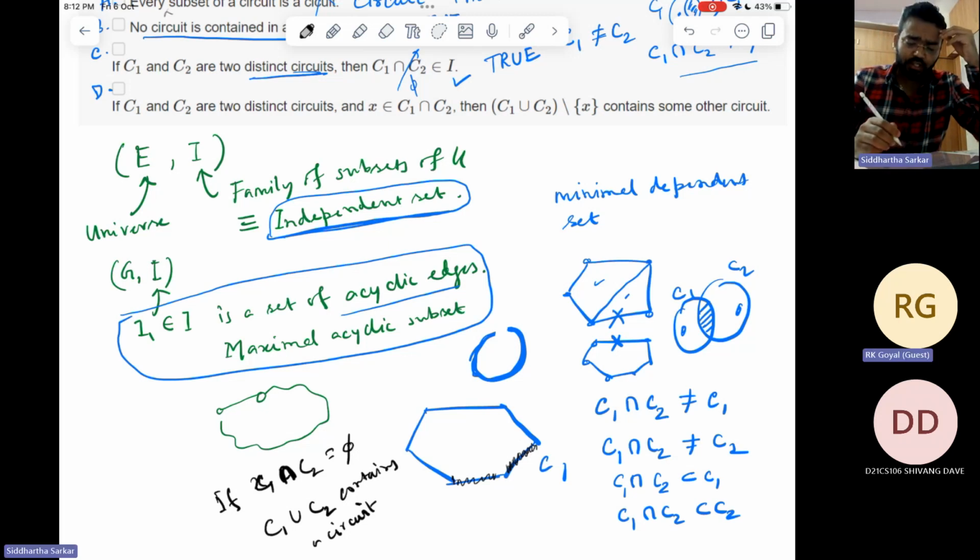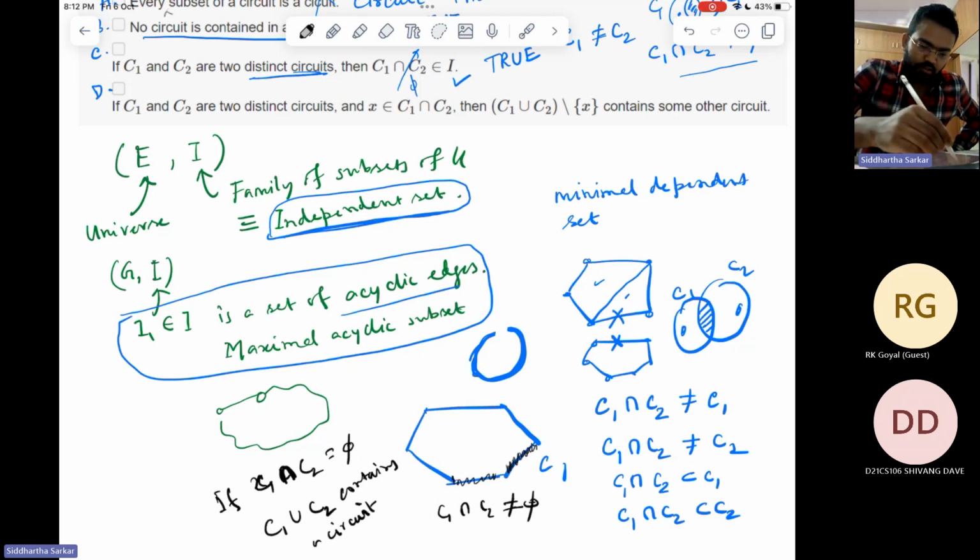Now suppose that C1 intersection C2 is not null. Then there is some x which is common to C1 and C2. Let's say in this diagram at least one edge is common. The blue thing is C1 and the black thing is C2, and this edge is common.